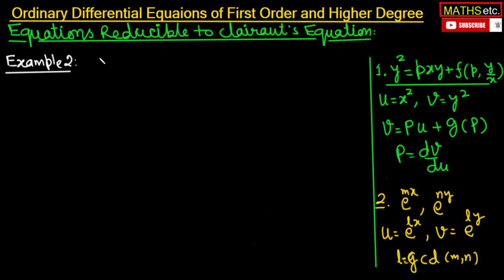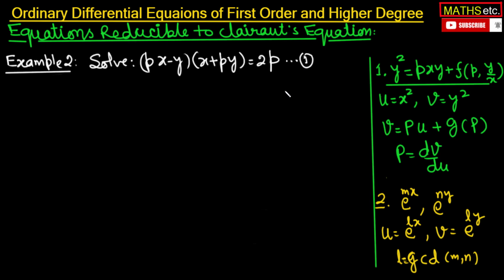Let us take one more example, and in this example we have to solve this equation. The equation is (px minus y) multiplied by another factor (x plus py) equals 2p. Now let us call it equation number 1, right?